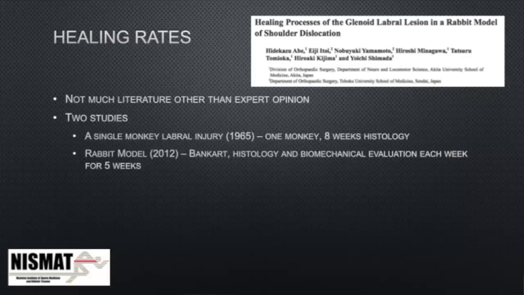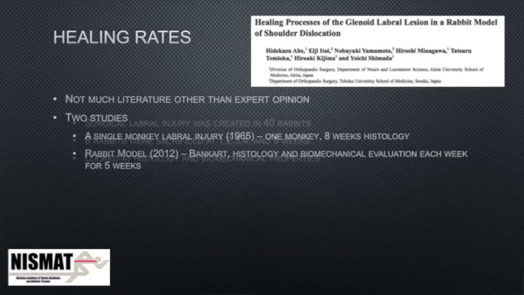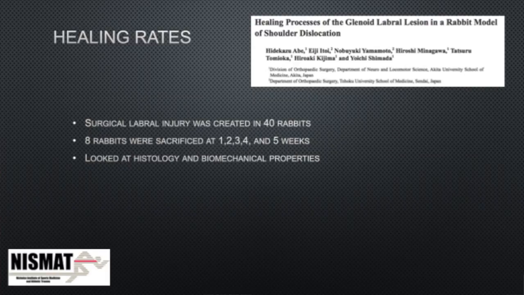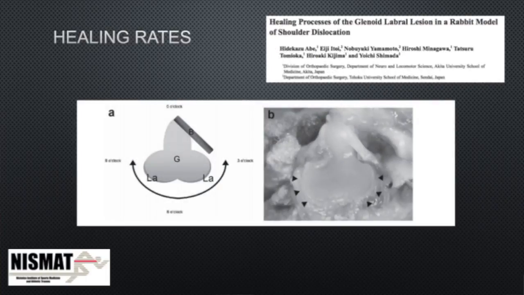There are 2 studies in the literature looking at shoulder and labral healing that we see. One is a single monkey labral injury study where they sacrificed a monkey after 8 weeks of creating a labral tear and looked at the healing rates, but it's only 1 monkey. It wasn't a very extensive study. The other is a rabbit model where they did a Bankart and a biomechanical evaluation of a Bankart that was created and sacrificed the rabbits at 1, 2, 3, 4, and 5 weeks and looked at the histology and mechanical properties. What they did here was they created labral lesions in the rabbit.